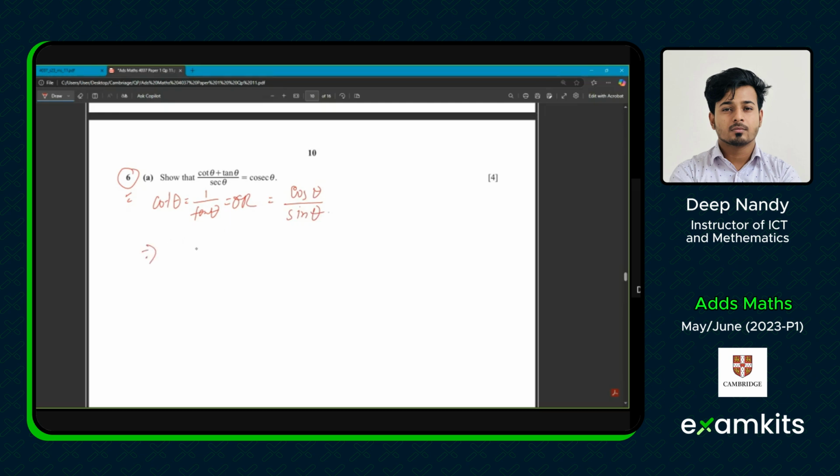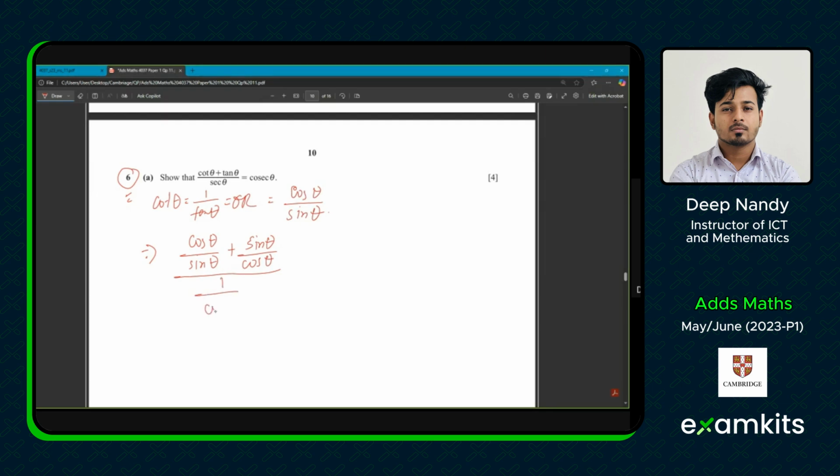So now solving onwards, cos theta by sin theta plus sin theta by cos theta divided by sec theta. We can write sec theta equals to 1 by cos theta.